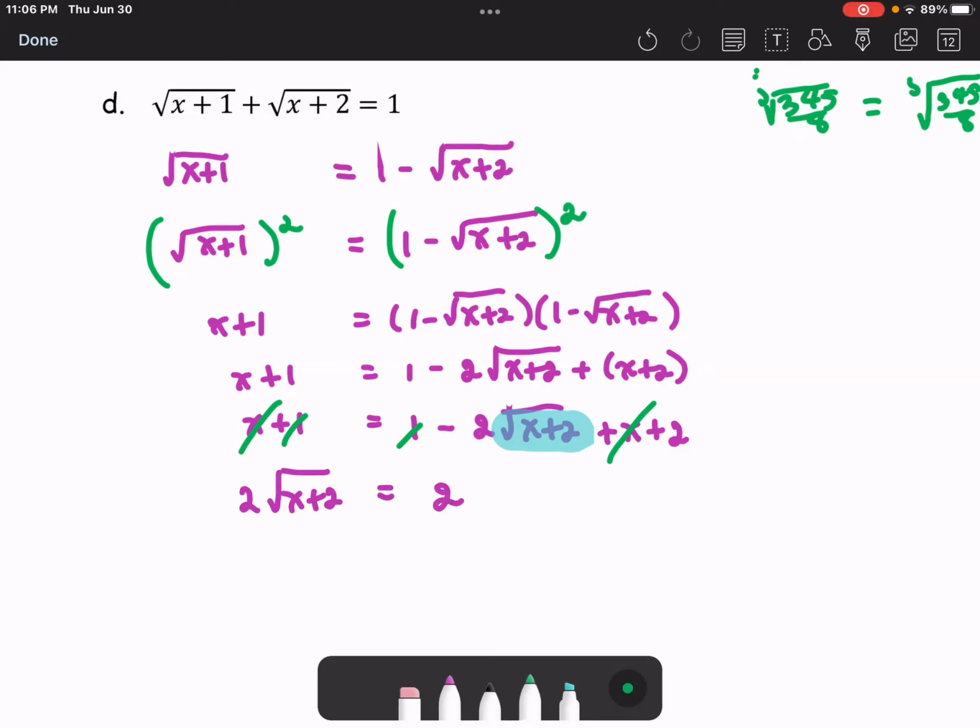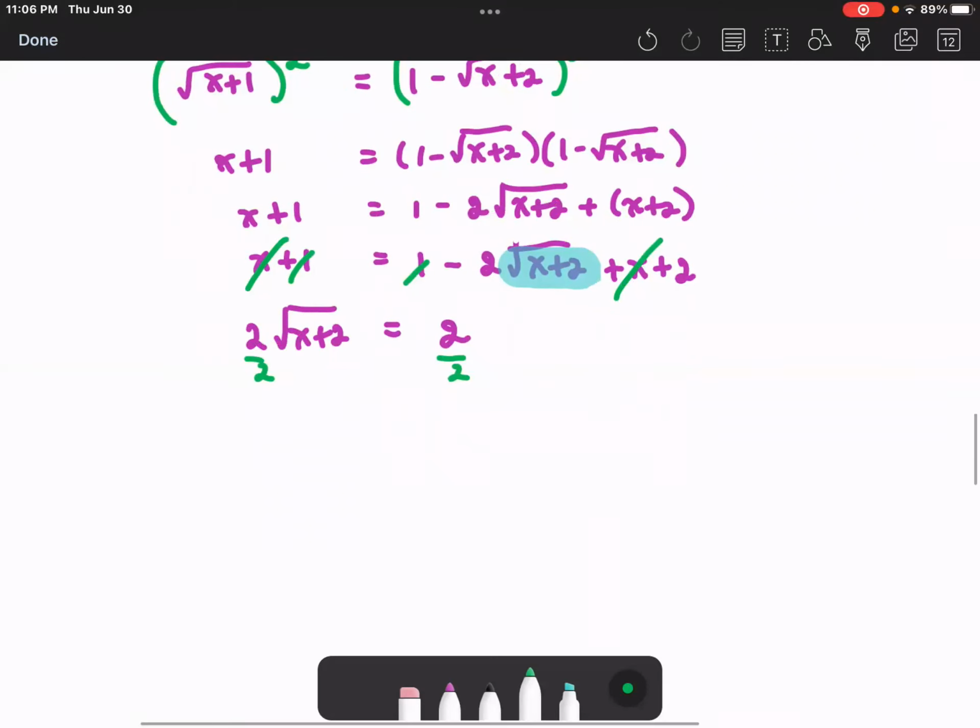And then divide both sides by 2. We have the square root of x plus 2. This one cancels. This one cancels. We have square root of x plus 2 equals 1. At this point, we have the equation with just a single radical.